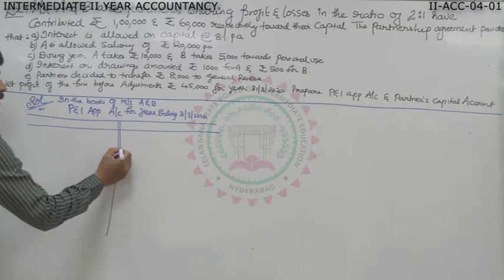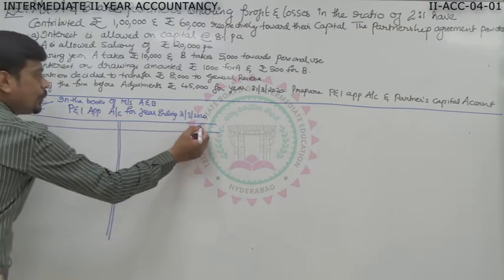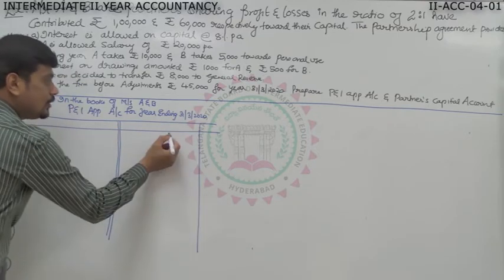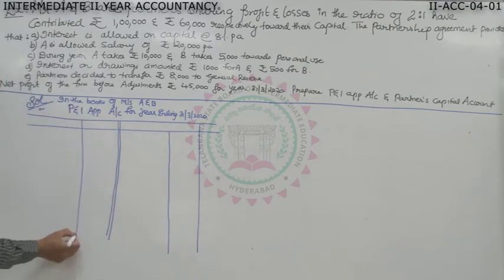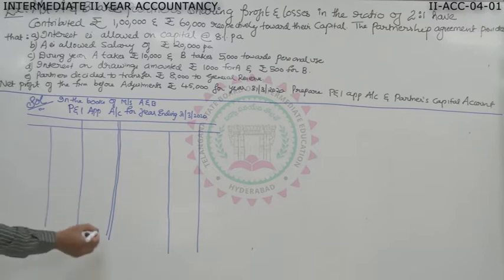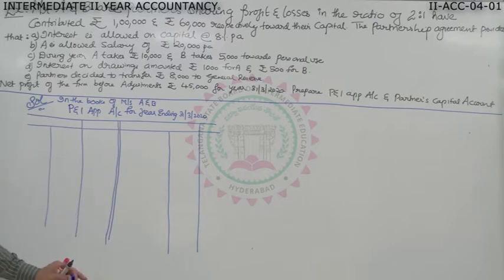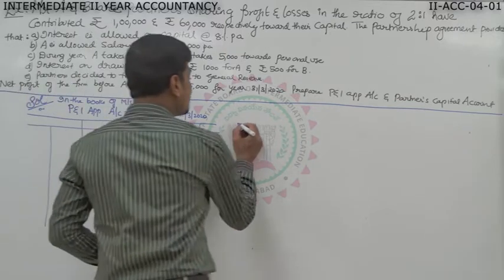Here we'll draw the profit and loss appropriation account, and it's always advisable to keep an inner column so that your postings become easy. Having drafted it, below this you can draft your partners' capital account. Since there is no place, I'm doing it on the next side.